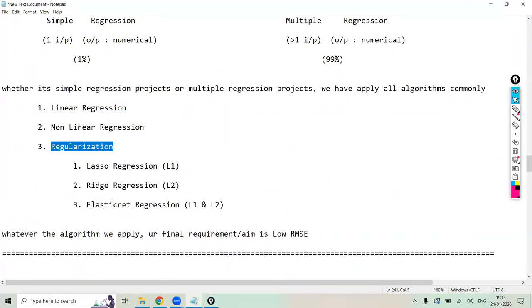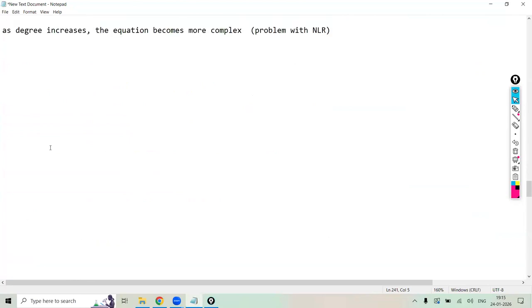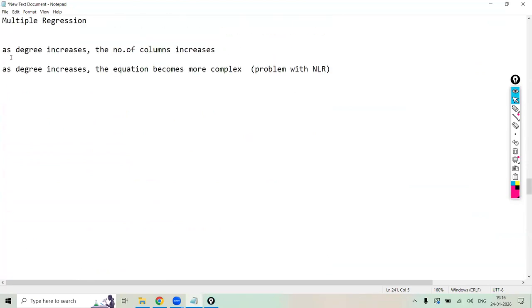Now, next we are going to move on to this one. Now, is everyone clear with what we are discussing? Yes or no? If anyone has any questions, please ask.